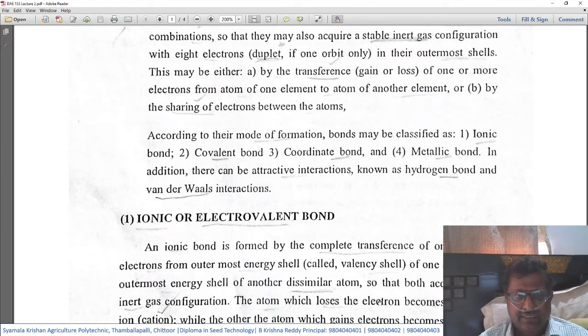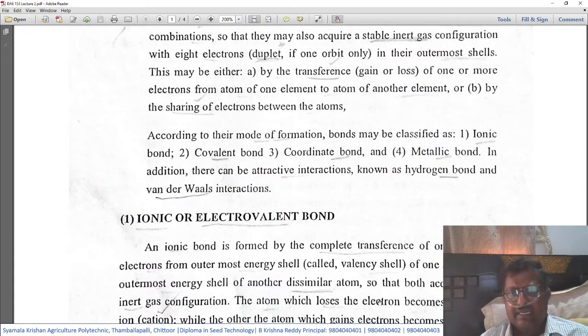In addition to these four varieties of bonds that are formed while two atoms of an element or more combine to form a new and stable substance, there are other attractive interactions also.